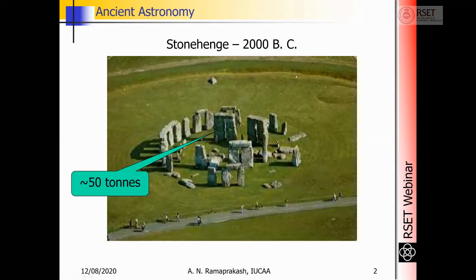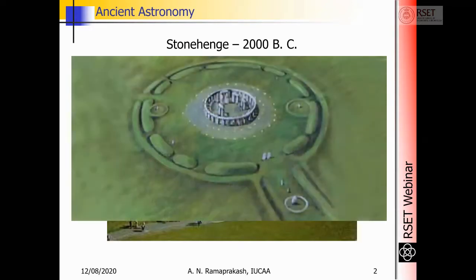So in 2000 BC, human beings took the effort to quarry stones with certain properties and transport them 100 miles, and identify a place where the structure can be set up, with its astronomical significance. This is just an artist's impression of what Stonehenge would have looked like in its heyday.